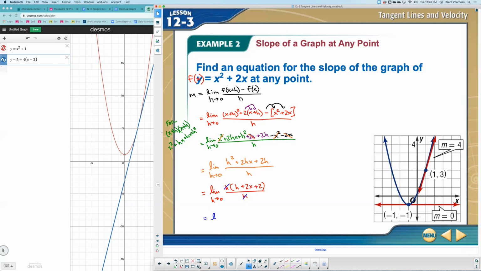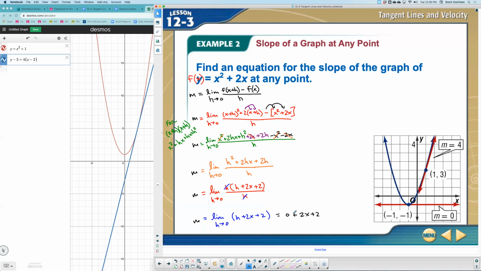And so now I'm saying, what is the limit as h approaches 0 of h plus 2x plus 2? I do a direct substitution at this stage. If I do a direct substitution, because this is now a polynomial, I get 0 plus 2x plus 2. And so I've now come up with my slope. And really, this is more than a slope.